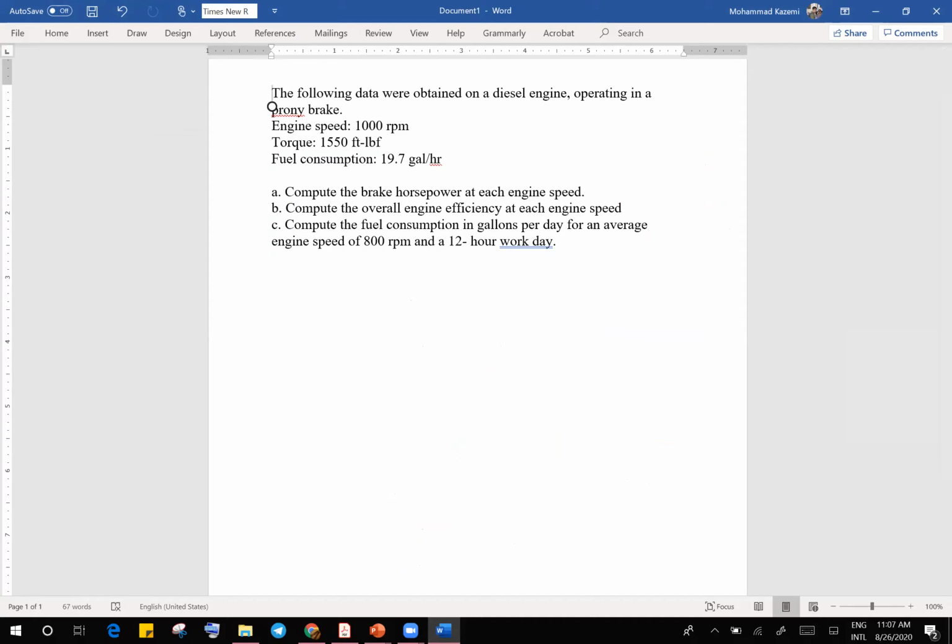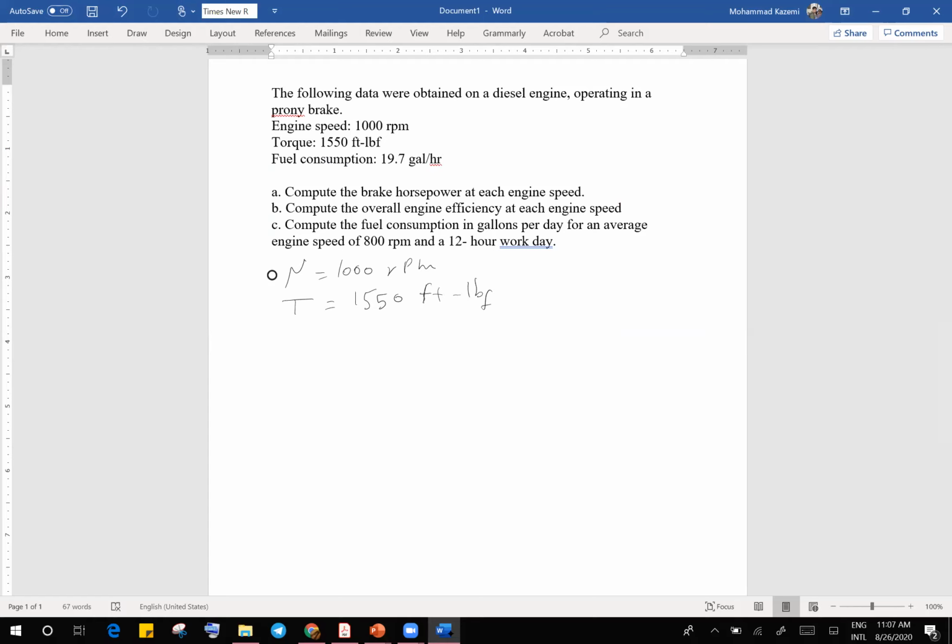Should be N. It should be N, right? Exactly. So N is 1000 RPM. And what else? We have the torque, right? So T is 1550 feet pound force.